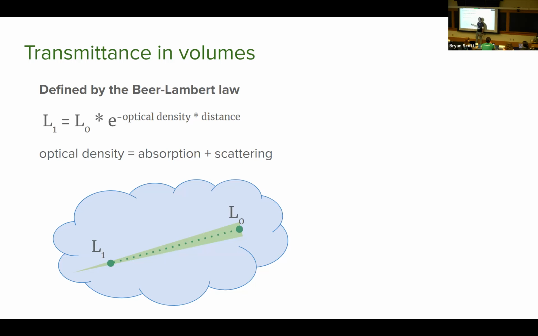The more optically active particles the volume has, the faster this intensity will decrease. So you get less light at the distance. And you all know this intuitively, right? If you're in a foggy city in the morning, you see a building in the distance, you can barely recognize it. And then as you come closer, it becomes more visible. That's because of light scattering, removing the light from the path.